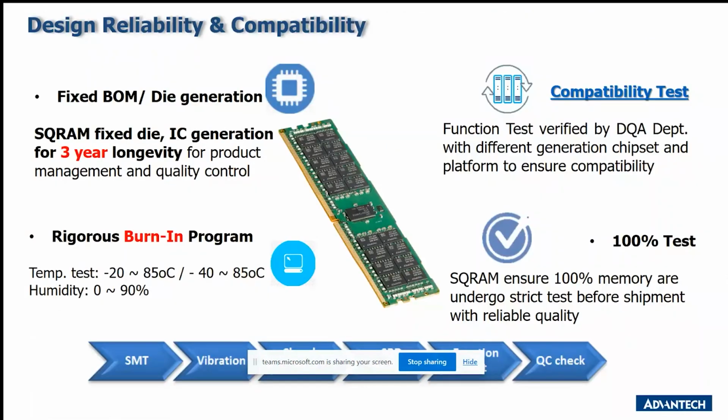Now, as mentioned earlier, we build SQRAM memory hardware with the best quality Tier 1 IC chips and also PCB. All solutions are fixed-BOM, which can ensure project control and also consistent quality.